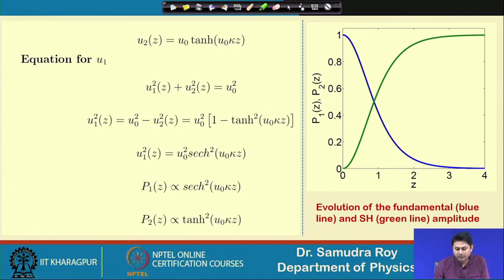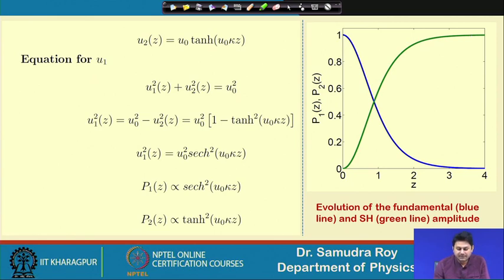Now if I plot them together, we find that this blue line shows how the fundamental wave decreases as a function of z. As a result, the energy is coming from this to this, and the second harmonic wave is evolving to a maximum and then saturates.